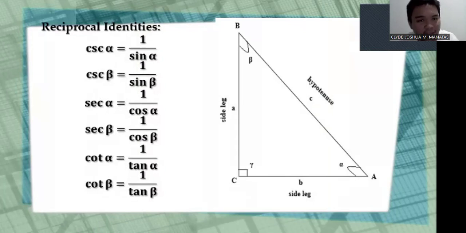Cosecant is equal to 1 over sine. Then secant is equal to 1 over cosine. And lastly, cotangent is equal to 1 over tangent. Remember that the reciprocal of cosecant is sine, the reciprocal of secant is cosine, and the reciprocal of cotangent is tangent.